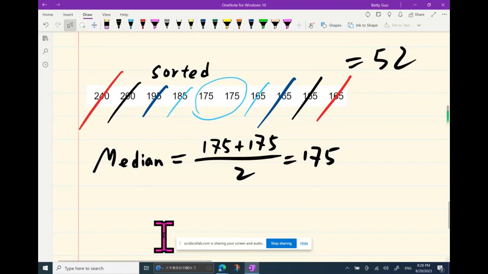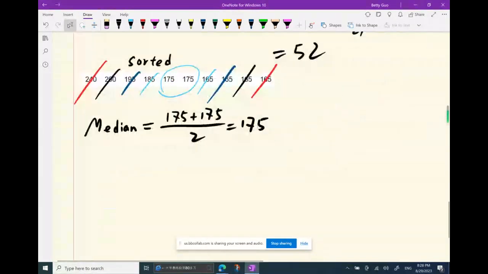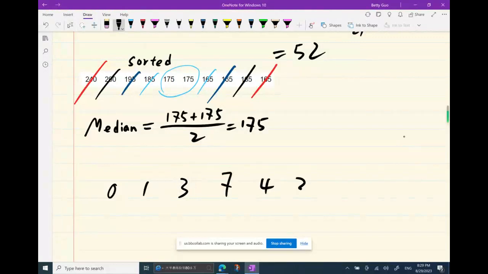Okay, so I'm gonna write some data sets and let you try. For example, practice number 1: 0, 1, 3, 7, 4, 2, 0. That is 7 values.